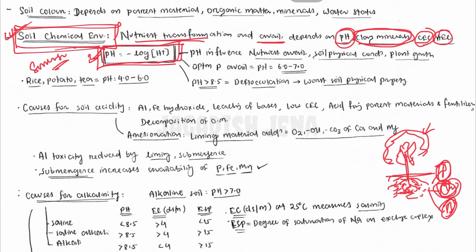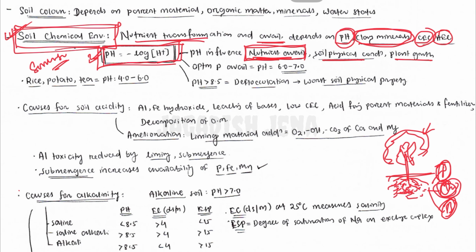He proposed the pH scale, and its range varies from 0 to 14. pH influences nutrient availability, soil physical condition and plant growth. Basically the optimum range of soil pH is said to be from 6 to 7. So this is optimum.